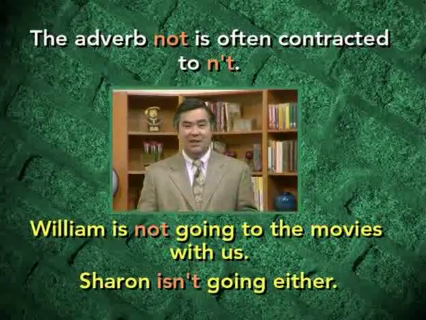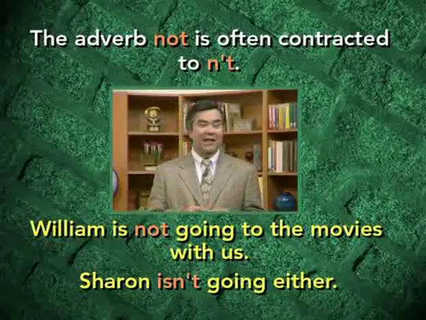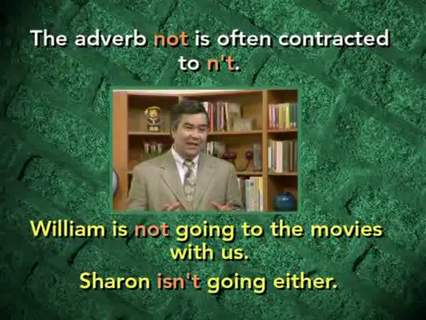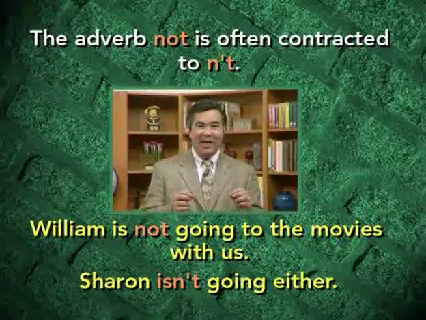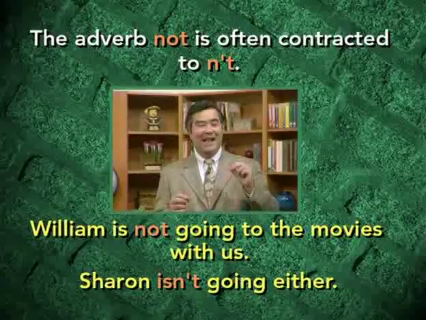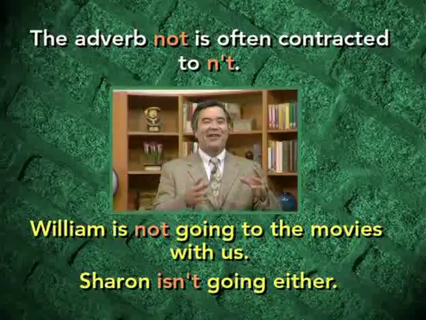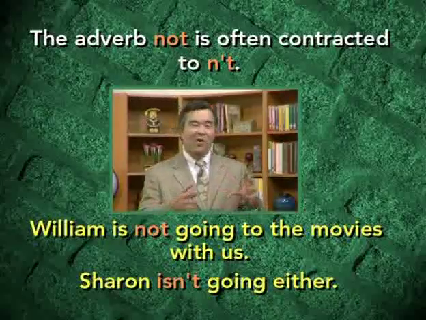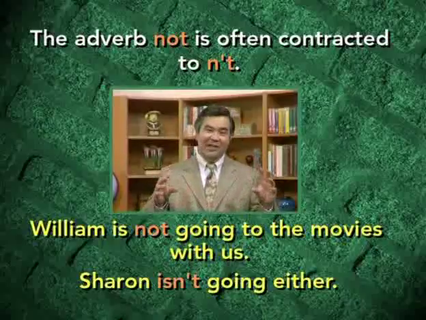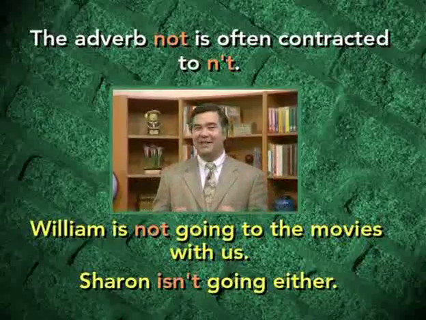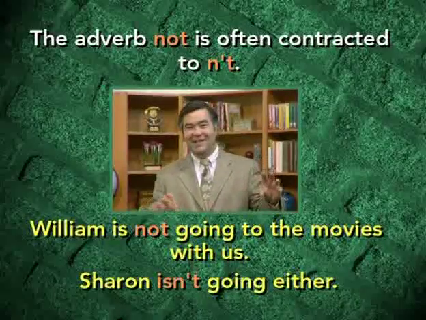Now look at this sentence. Sharon isn't going either. What's the verb phrase in this sentence? In this sentence, the verb is going. And in between, we have the adverb not, which has been contracted to n't, pronounced int. Sharon isn't going. So even though is does not appear in this sentence as a word by itself, nonetheless, if you're asked what the verb is in this sentence, the correct answer would be the verb phrase is going.